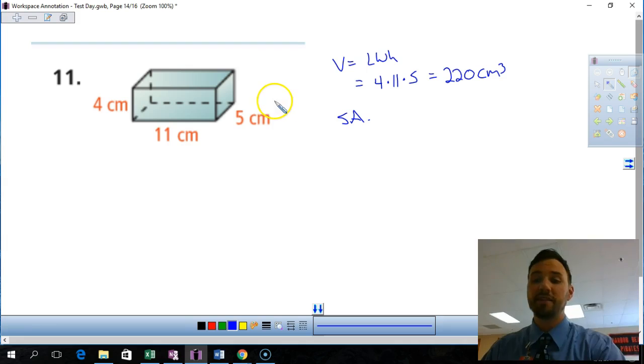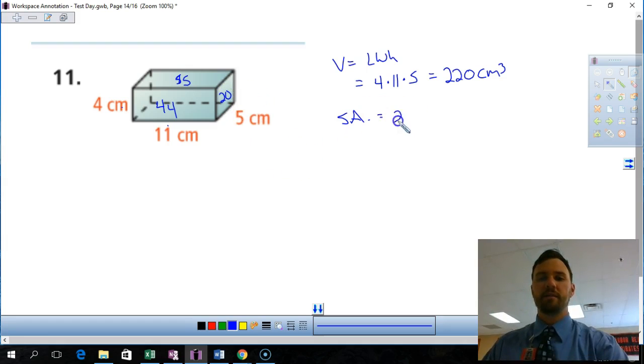Now for surface area, there's a formula, but I'm not going to do that. I'm going to find each face and times it by 2. The front face is 4 by 11, so it's 44. The top of the box is 5 by 11, so it's 55. And the side of the box is 4 by 5, which is 20. So I do 20 plus 44 plus 55.